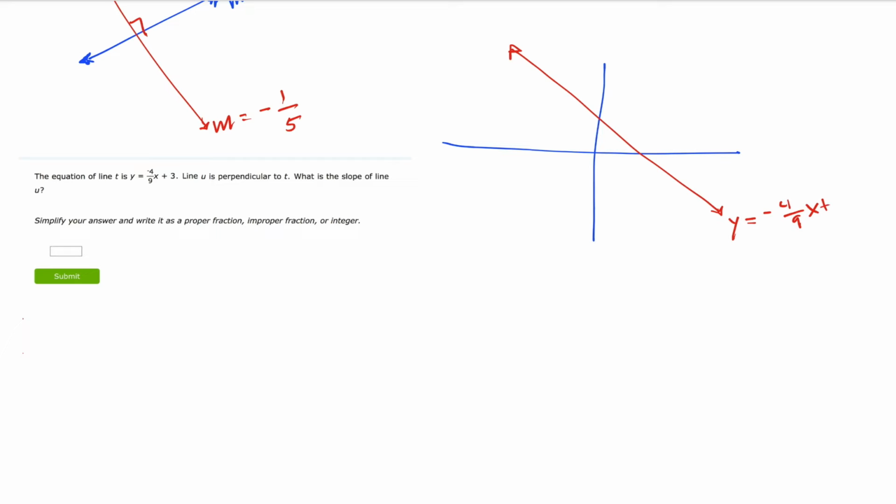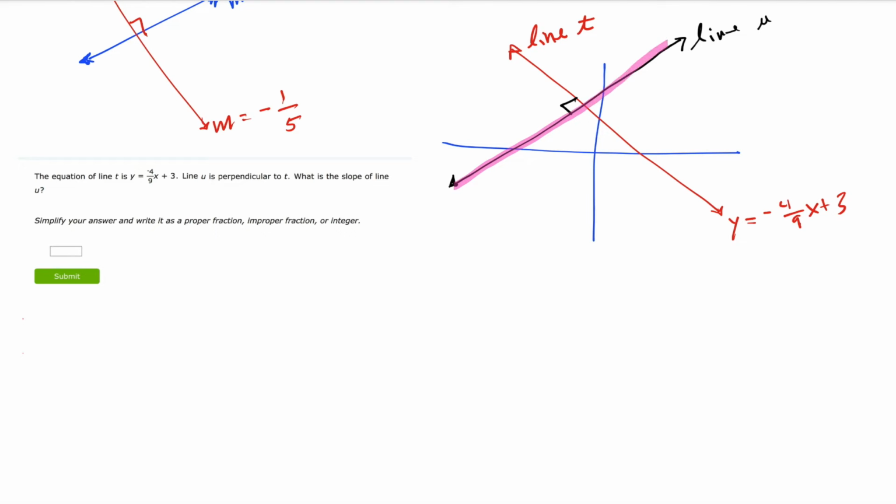Now they're saying that line U, I'll draw my line U right here, is perpendicular to T. So I could have drawn my line U there. Do you see that?